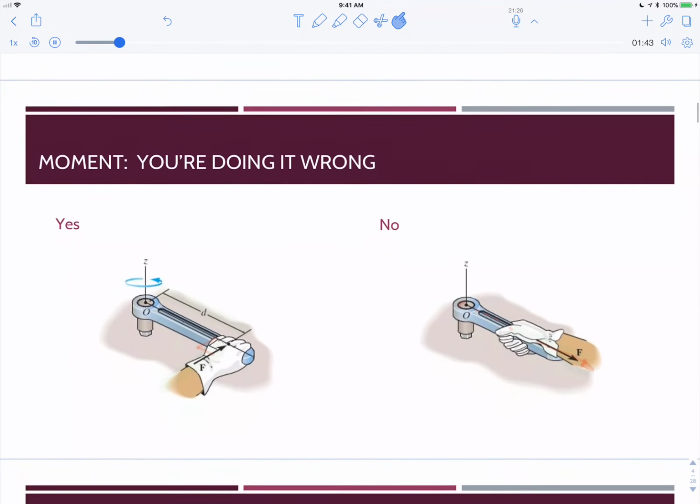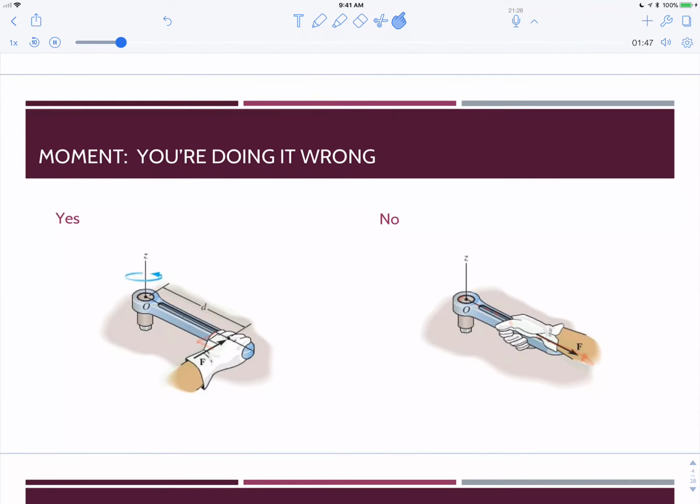If you are pushing or pulling on a wrench, you're doing it wrong. You know that to turn a nut or to turn a bolt, to use a wrench, you push perpendicular to the distance, and this is because you're trying to put a moment on that bolt or nut. Again, it's a force times a perpendicular distance.